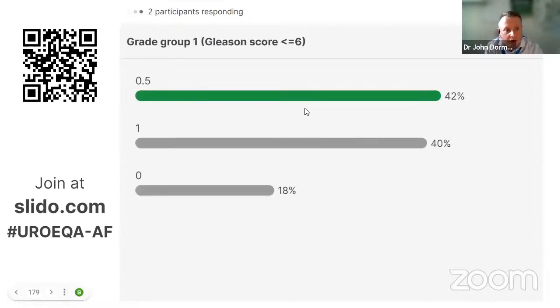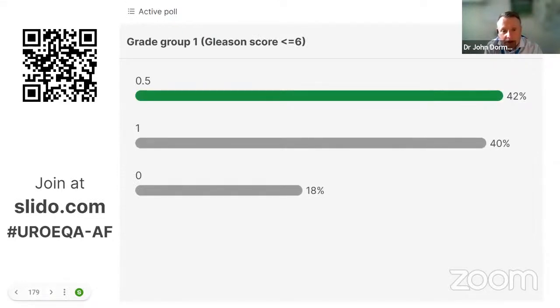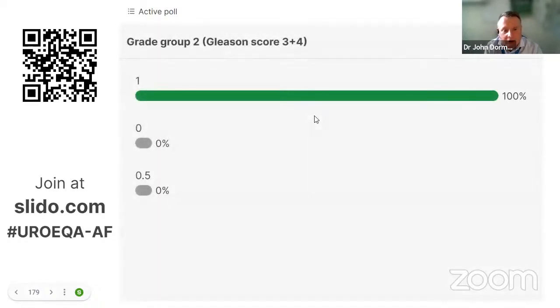Okay, we're over 100. So grade group 1 gets just a half, but it's close. It's perhaps slightly harsh. Okay, grade group 1 gets 0.5. Grade group 2 gets 1. And grade group 3 gets 0.